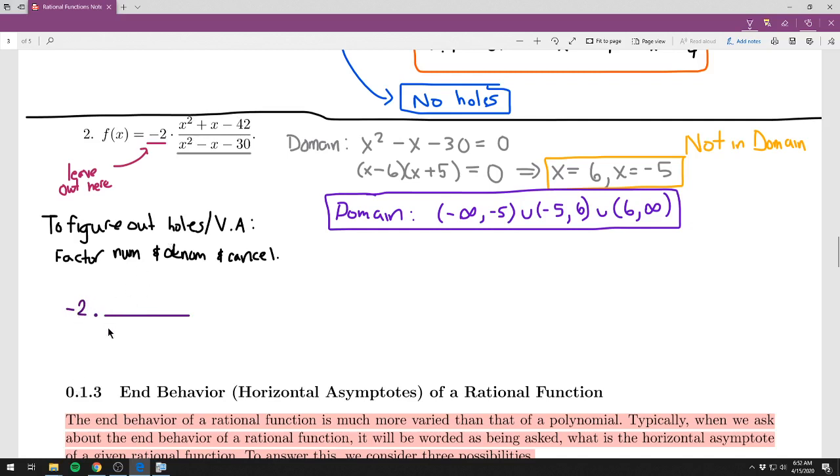The denominator we already factored to x minus 6 times x plus 5. And the numerator, what does that factor to? X squared plus x minus 42 factors to x minus 6 times x plus 7.